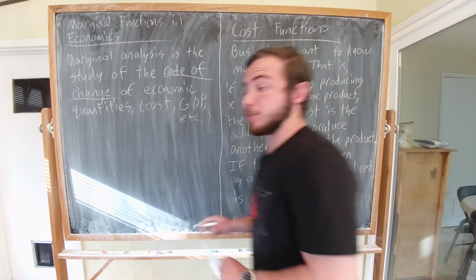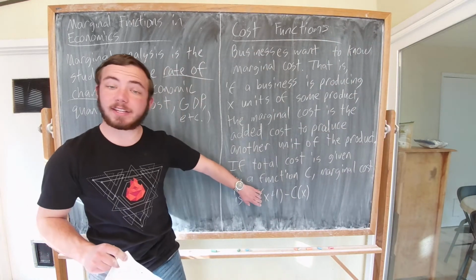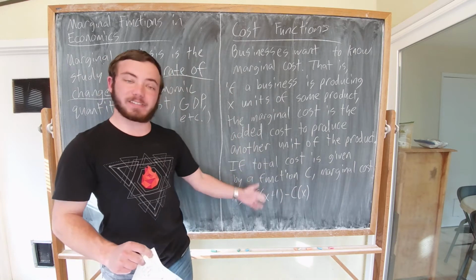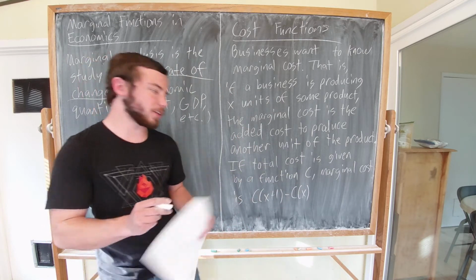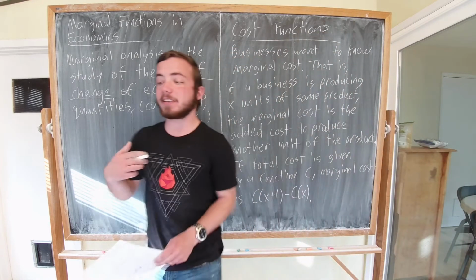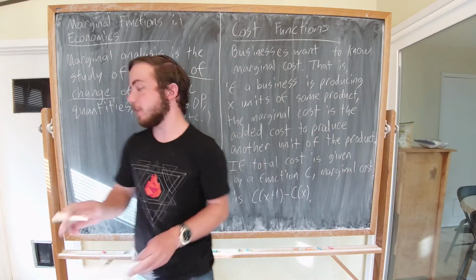The cost of producing x plus 1 units minus the cost of producing x units is the cost of producing that final unit. Alright, so what does any of this have to do with derivatives?